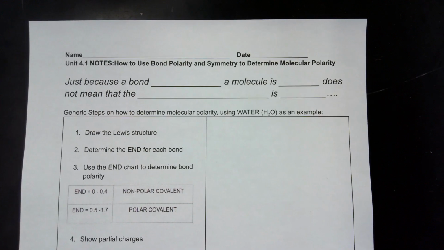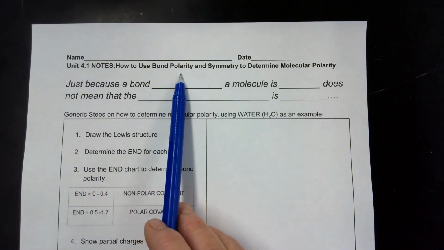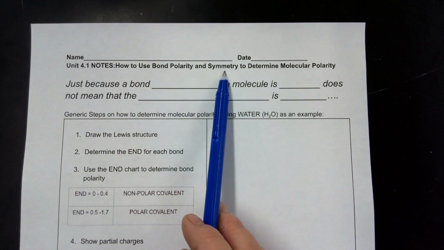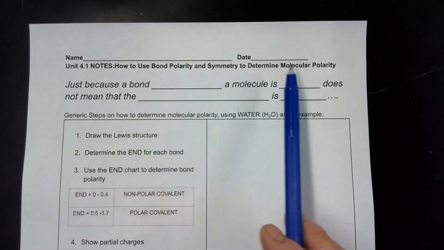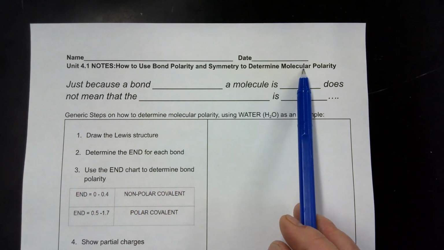So in this lesson, we are going to use what we know about bond polarity, and we're going to add in the concept of symmetry with the goal of determining the polarity of the overall molecule.